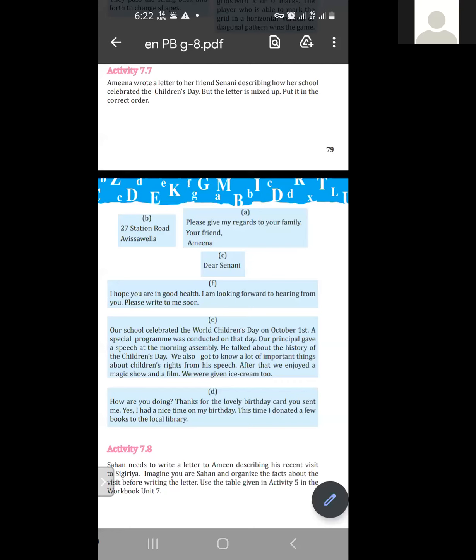Our principal gave a speech at the morning assembly. He talked about the history of the Children's Day. We also got to know a lot of important things about children's rights from his speech. After that, we enjoyed a magic show and a film. We were given ice cream too. Okay, so these are the things they have given in the body part.